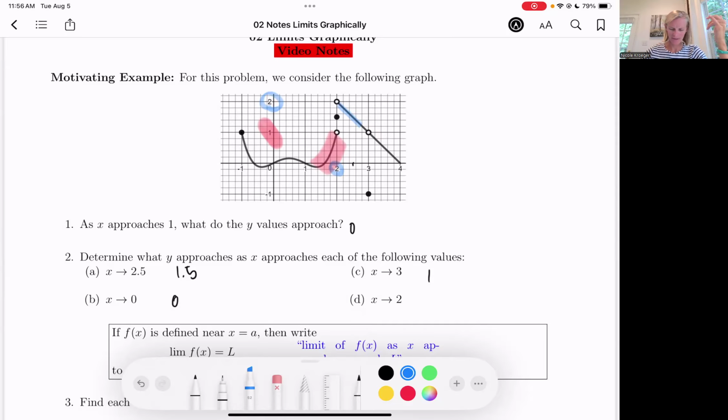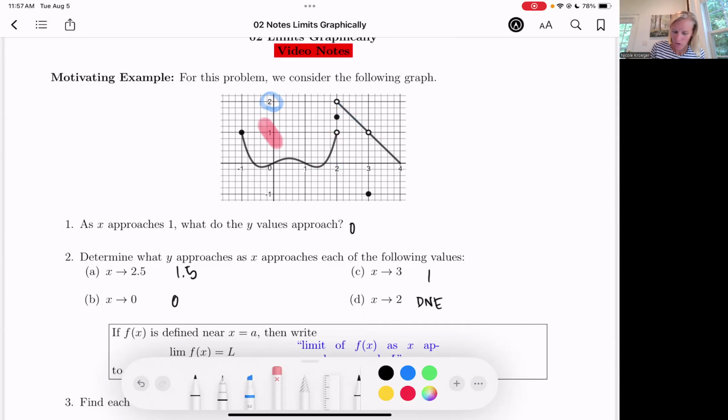And to make matters worse, the actual y value at 2 is 1.5. So you might say maybe it's 1.5, let's just average these values. What we're actually going to say here is that this value does not exist. We'll use DNE for that because something different is happening on either side of 2, and we want to indicate that by does not exist.